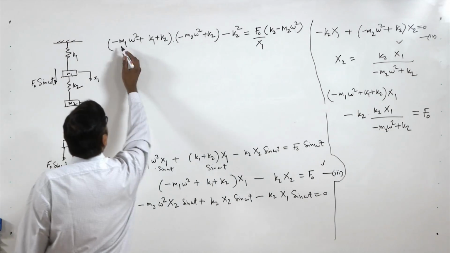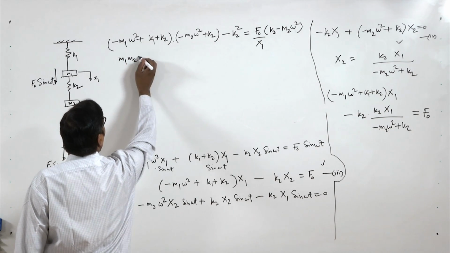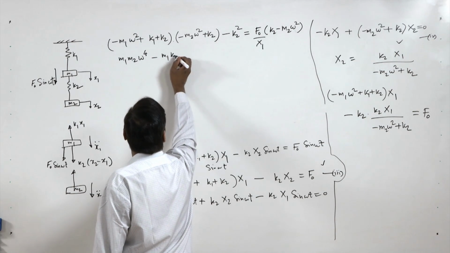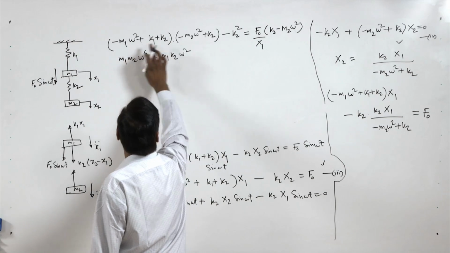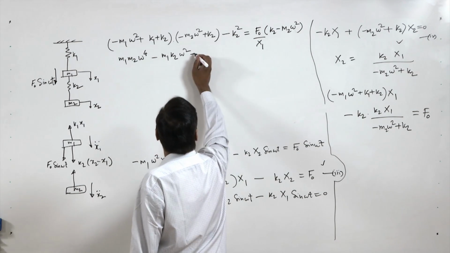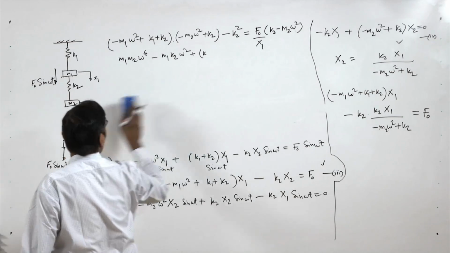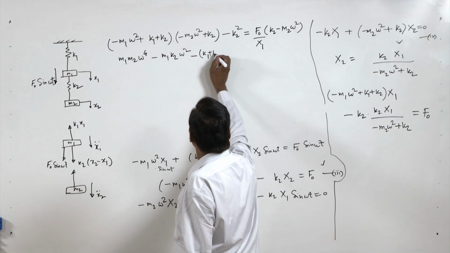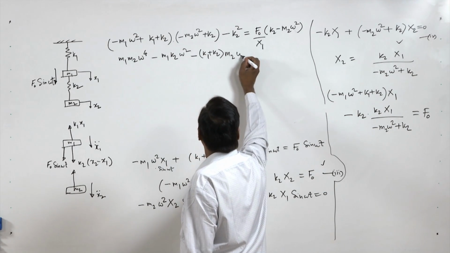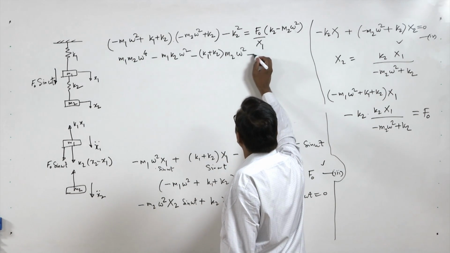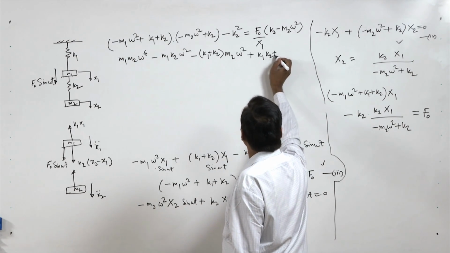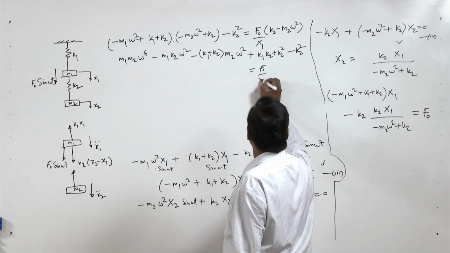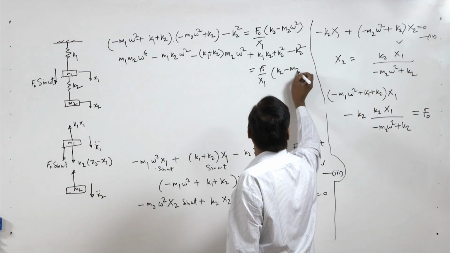So we can solve this. That is m1 m2 omega power 4, minus m1 k2 omega square, minus (k1 plus k2) m2 omega square, plus k1 k2 plus k2 square minus k2 square, equal to F0 by X1 times (k2 minus m2 omega square).